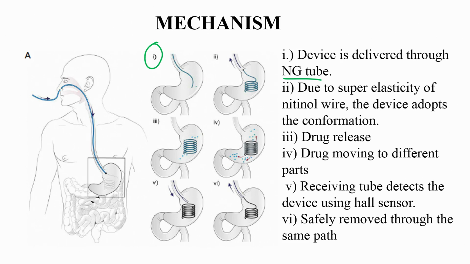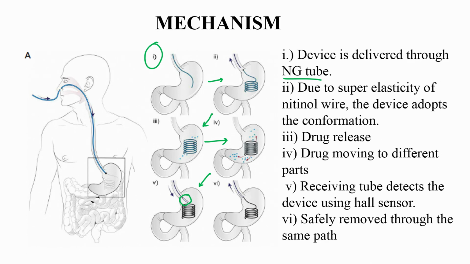So, this is delivery, this is change of shape here, from here you go here where the drug is starting to slowly release and go into the system, which is being continued here. And once you are done with this, the idea here is you come back with another procedure, you again thread a tube which contains a retriever which will then bind to this device and pull it off.